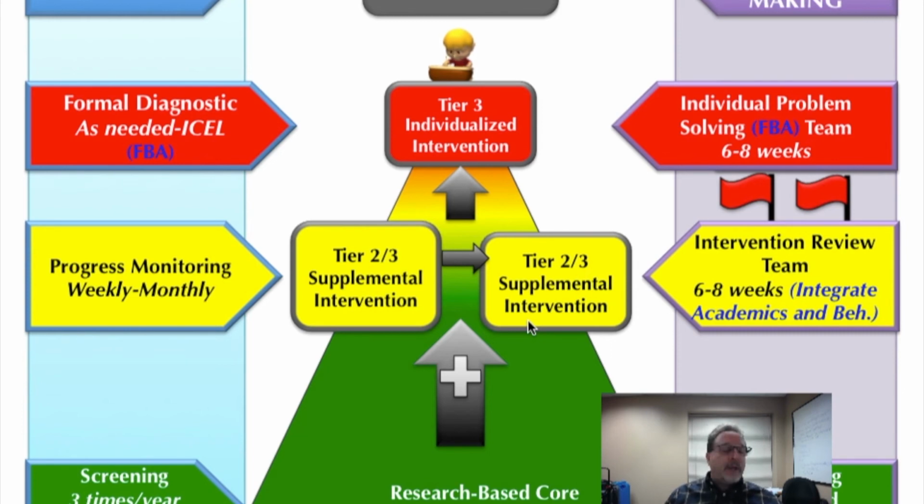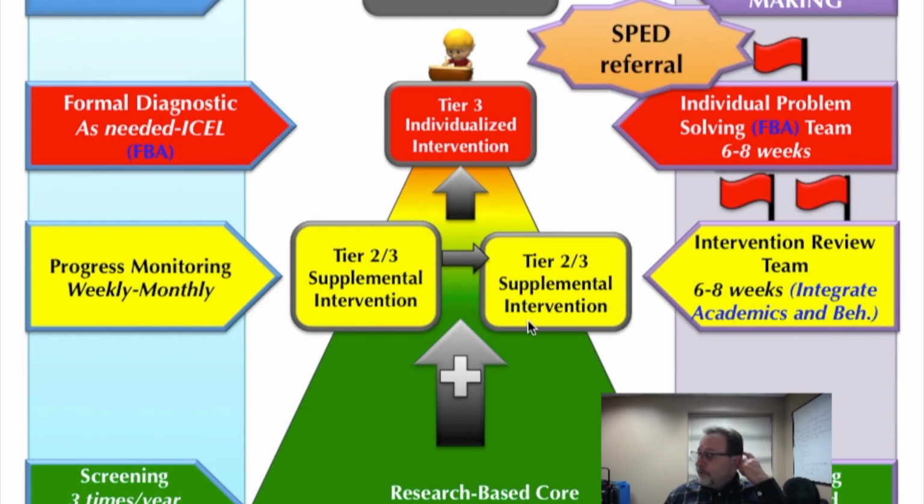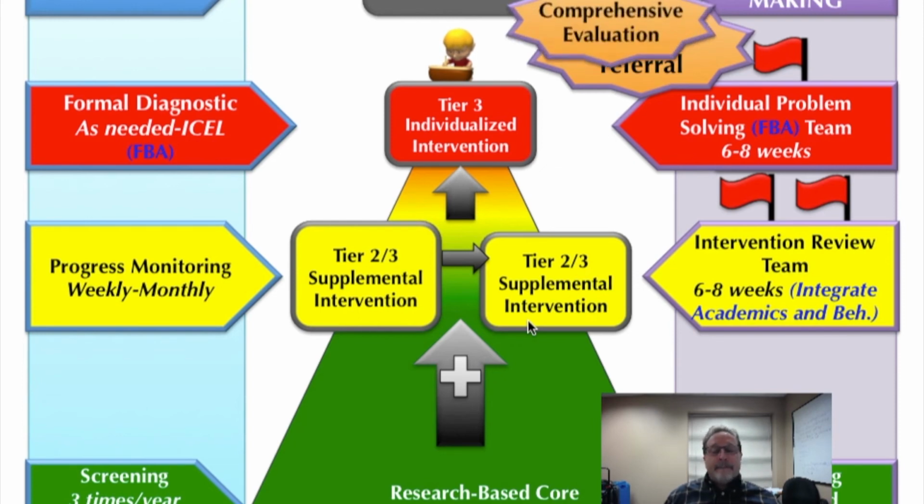If the student's been making great progress, then wonderful. We may maintain that for a while, or we may drop that intervention off. If the student's not making progress, and another red flag pops up, that's when we really consider whether there should be a referral to special education.